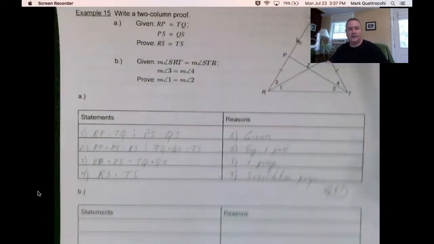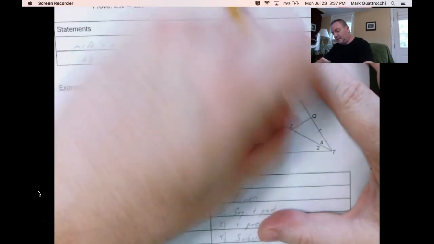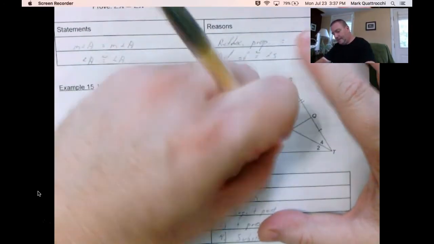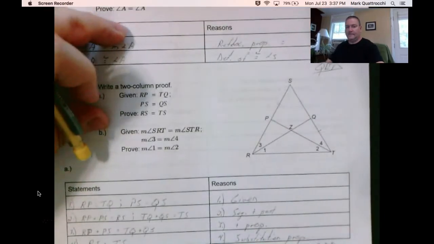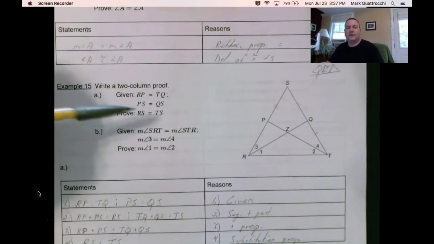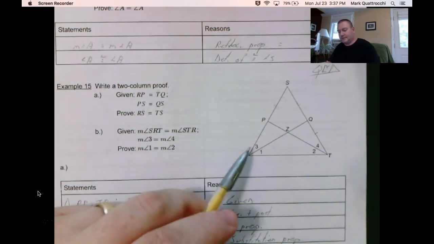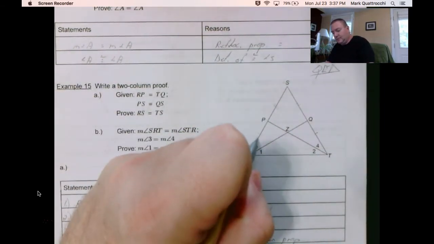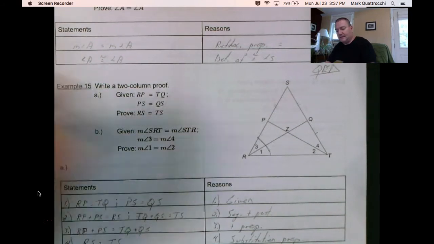Let's take a look at part B. So for part B, I'm going to get rid of the tick marks from part A and reuse the diagram. The measure of angle SRT is equal to the measure of angle STR.